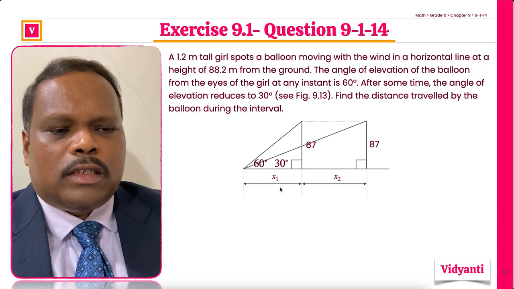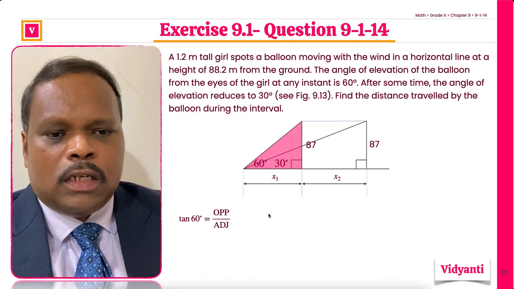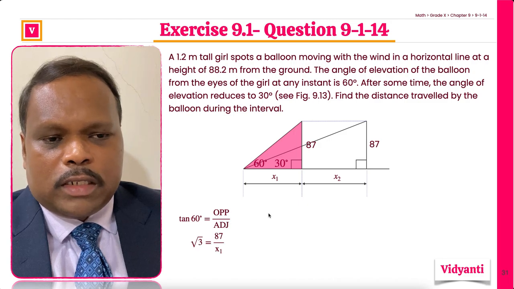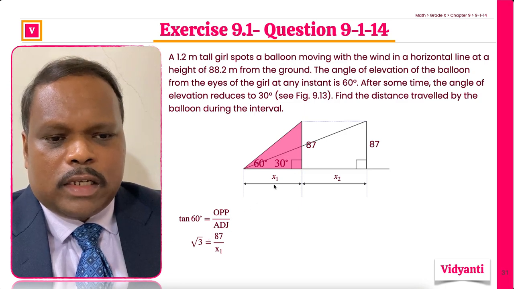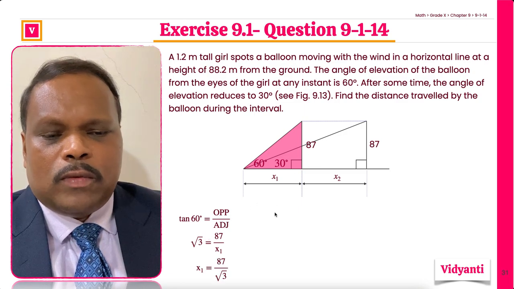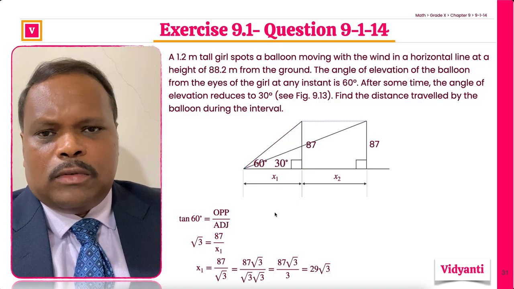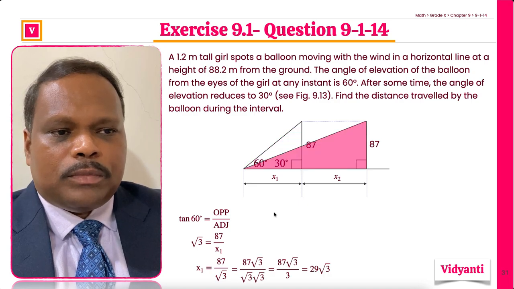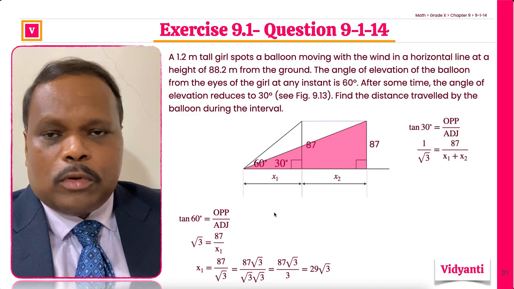Again, it's the same thing, x1 and x2. Consider the smaller triangle first. Tan 60 is opposite over adjacent. Opposite is 87, directly facing in front of it. Adjacent is x1. So x1 comes out to be 87 by root 3, which after rationalization gives 29 root 3. Let's consider now the bigger triangle. Tan 30 is opposite over adjacent.